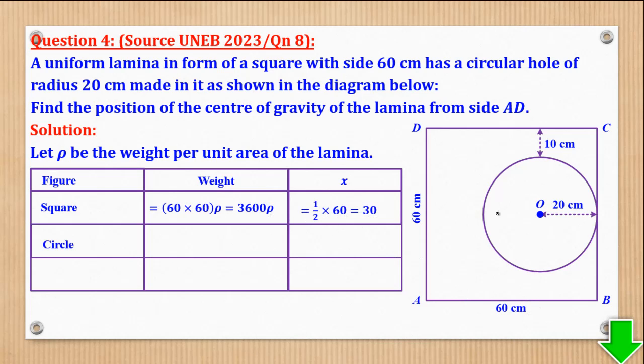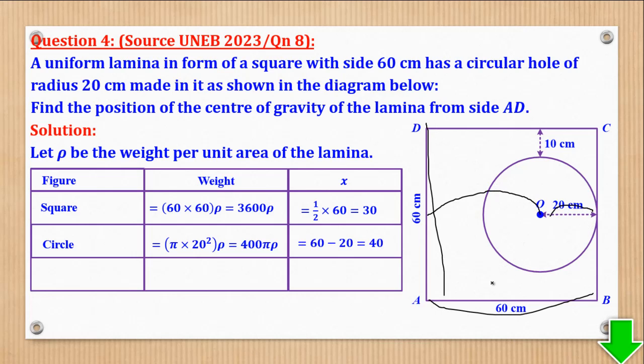For the circle, area is pi r squared times rho to get the weight. Remember we are measuring from here, so we have to get the distance from here up to here. So you can either just say 60 minus 20 to give you 40. It is still okay.